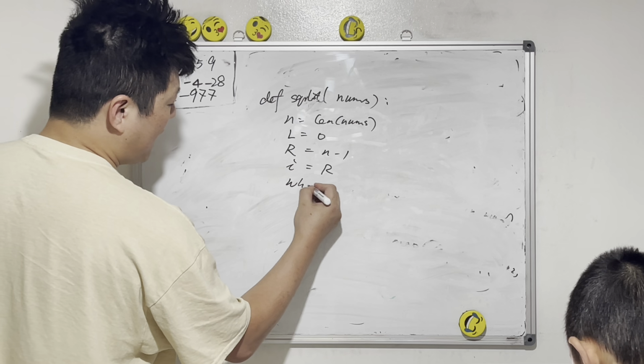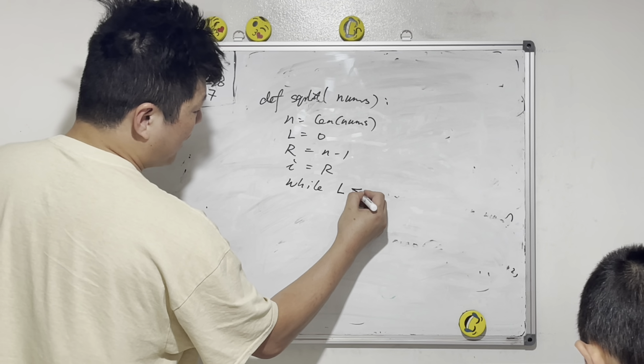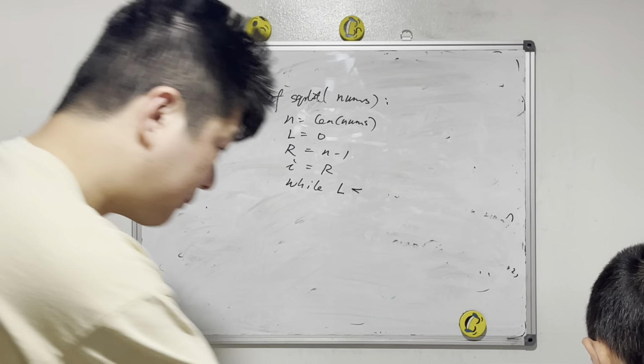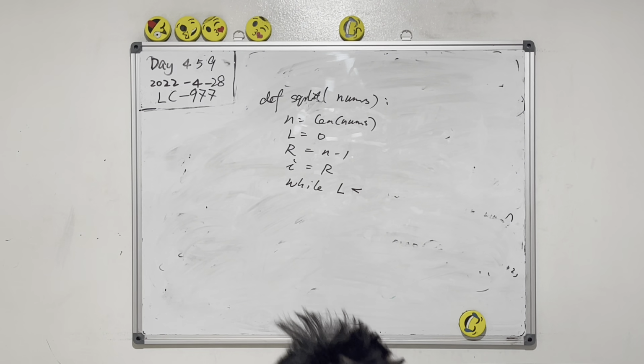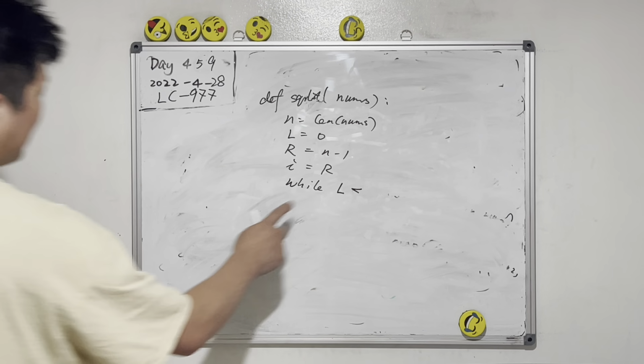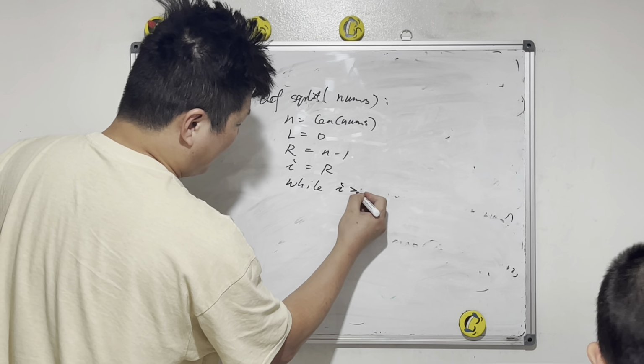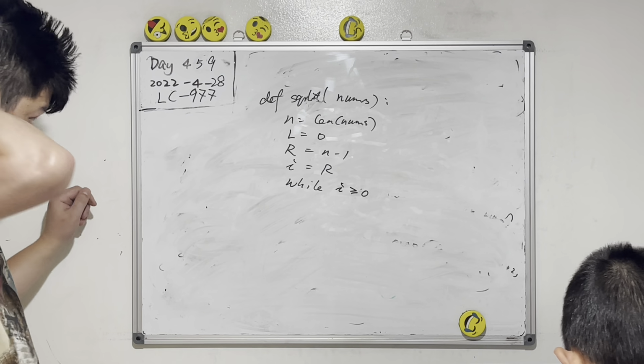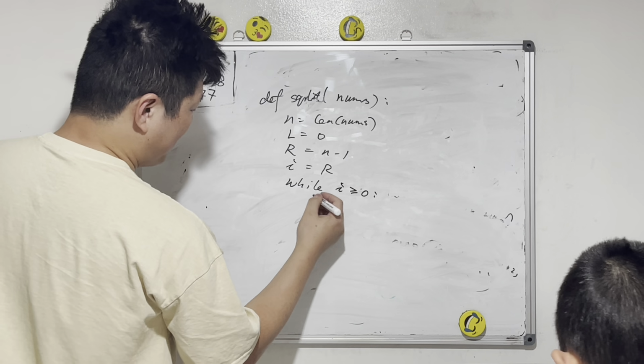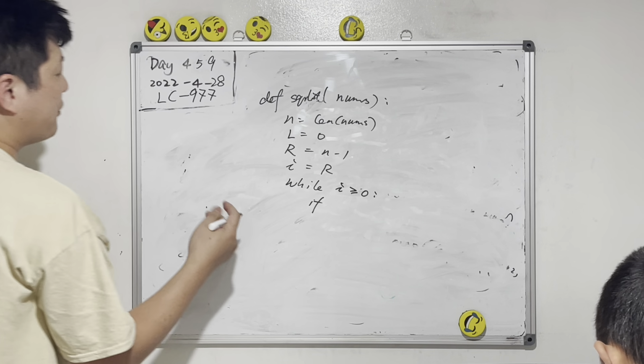Okay, so while i is bigger or equal than 0, this is the index. Then we check, how do we check which one is bigger?